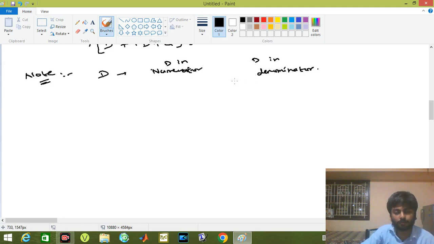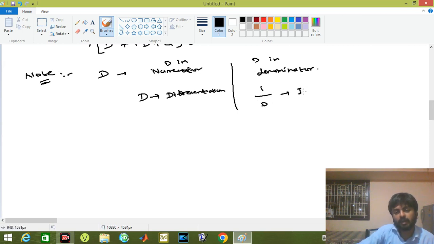You have to very carefully check that. If you have D in numerator, that is differentiation. If you are having 1 by D, D in denominator, it will represent integration.